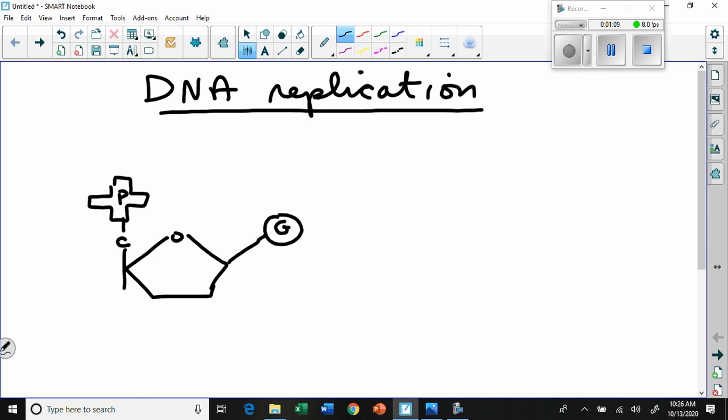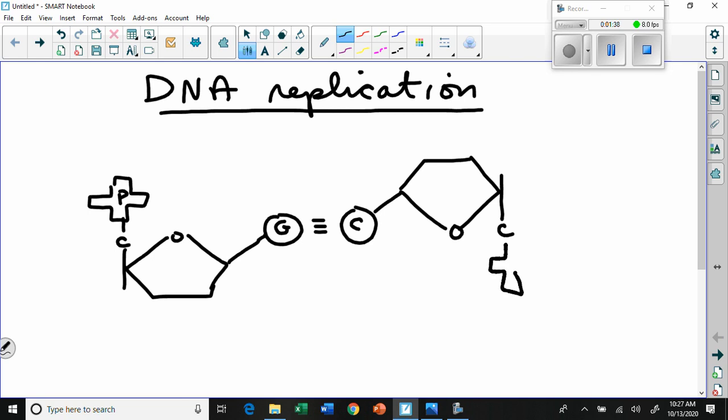If I was drawing this upside down on the other side, we would have hydrogen bonding here and a cytosine molecule like this, which would be attached to an upside down ribose, something like this. And then the ribose would be attached to a phosphate through the carbon over here on the other side of the molecule.